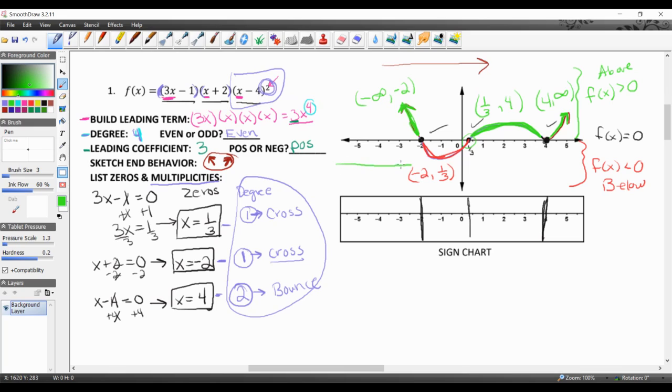So from here to here, this whole part was above. So I'm going to put positive for above. So this whole piece was what I labeled as green, okay? From here to here, from -2 to 1/3, okay, that part was below. So I'm going to put a little negative here. It's kind of shaded in my color of below. For the next piece, it looks like we had also above, so this was positive, okay? And the last piece was also positive.